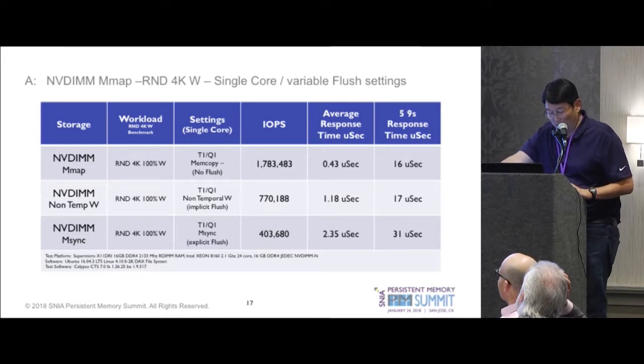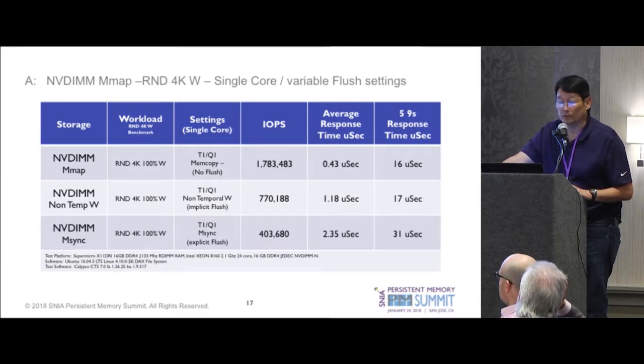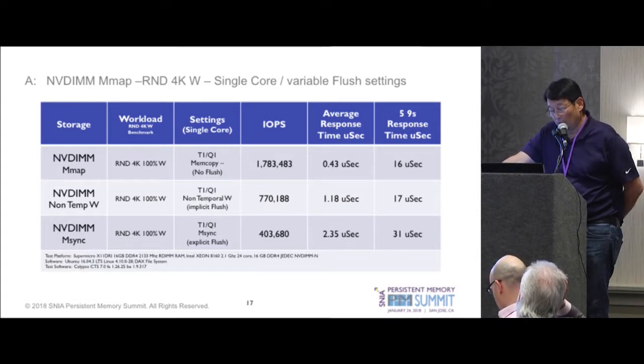Supermicro X11 DRI with 16 gigabytes of DDR4, 2133 megahertz RDIMM RAM, an Intel Xeon 8160, 2.1 gigahertz, 24-core CPU, and a single 16 gigabyte DDR4 JEDEC NVDIMM-N device. And then for the software, it's either going to be Linux, Ubuntu, or DAX file system, and the test software is a Calypso CTS.